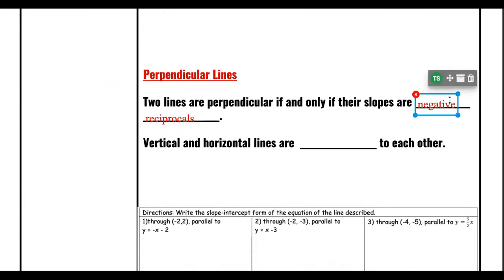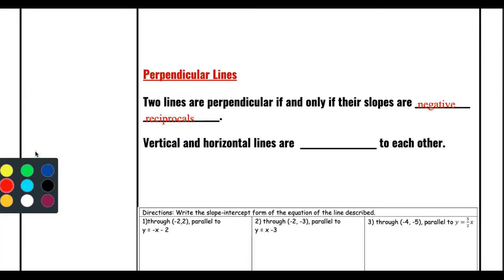One is positive, one is negative, or vice versa. One is negative, one is positive. Okay, so that's what we mean by negative. And then reciprocal, if you remember back when you were learning about fractions in elementary school, reciprocals mean the fraction has been flipped. Okay, so let's have an example here to the side of negative reciprocals.